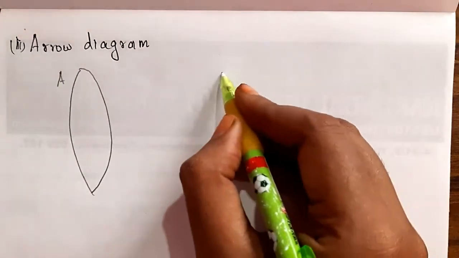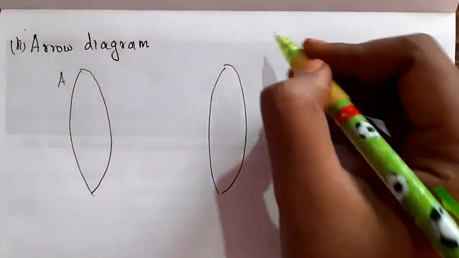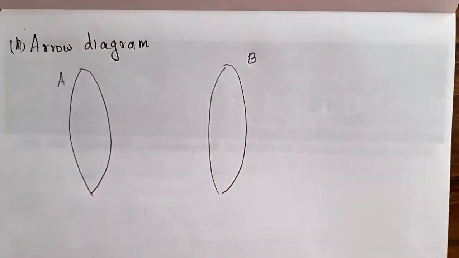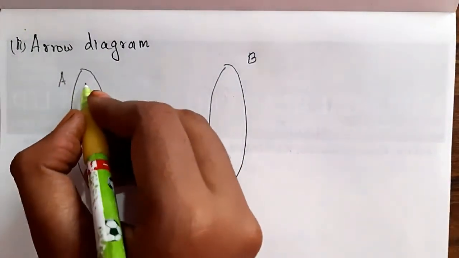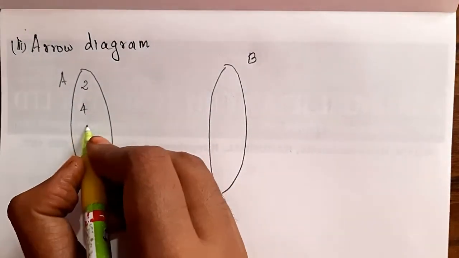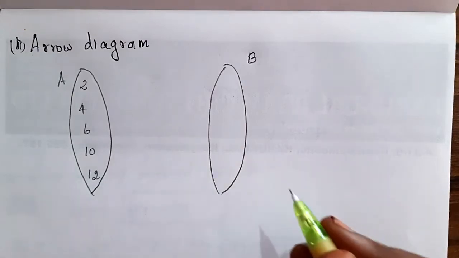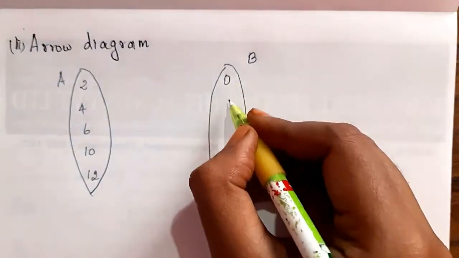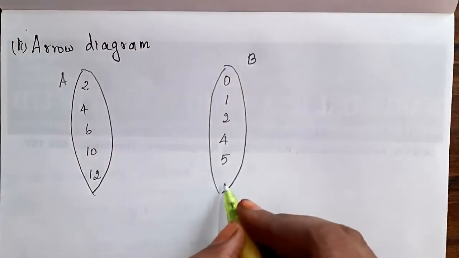This is for domain A. Next one for codomain B. Write the values, look at the question. A set is given as 2, 4, 6, 10, 12. B set is given as 0, 1, 2, 4, 5 and 9.